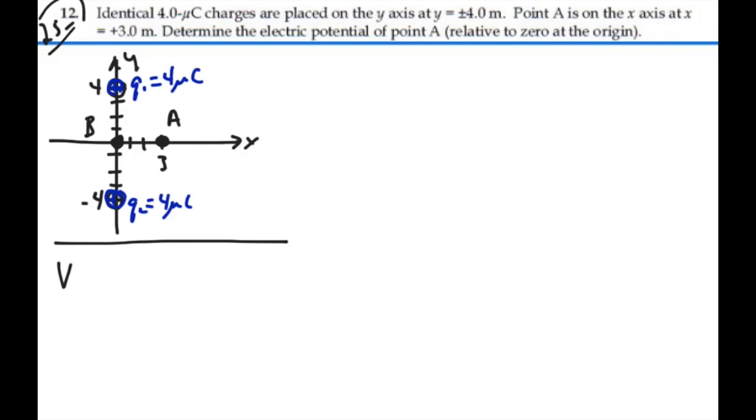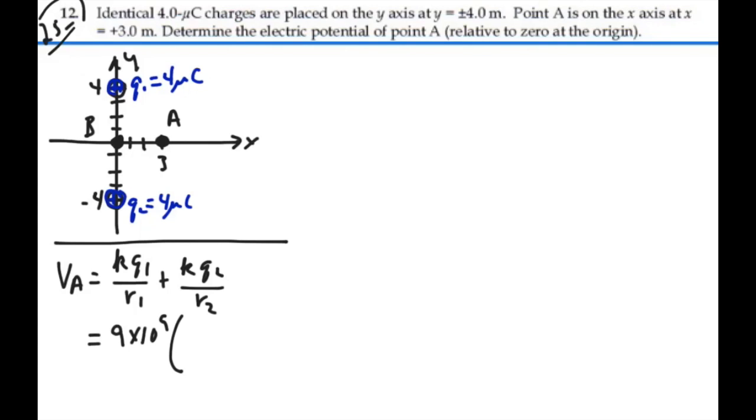So potential at A is going to equal K Q1 over R1 plus K Q2 over R2. And this is going to be equal to 9 times 10 to the 9 times Q1, which is 4 microcoulombs. And we are at position A. What is our distance? Well, we have ourselves a 3, 4, 5 triangle.